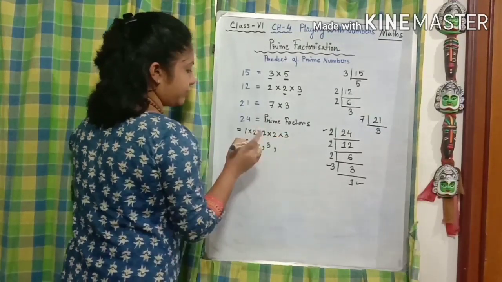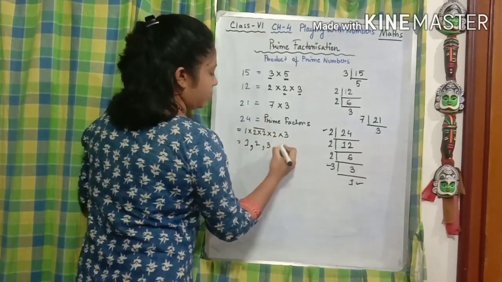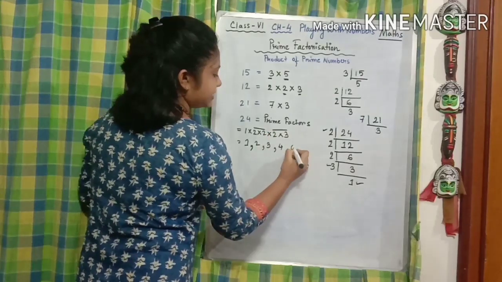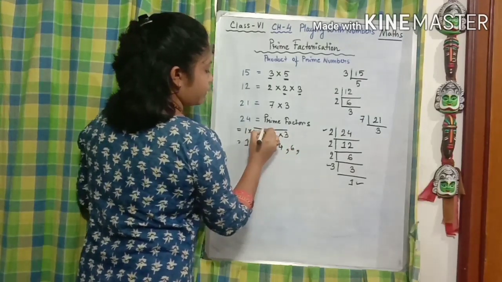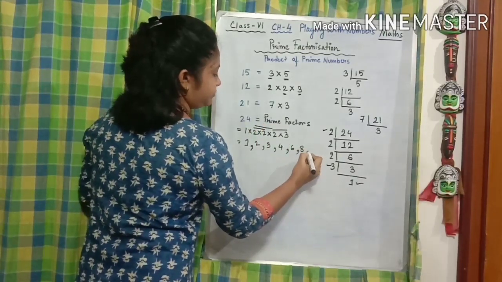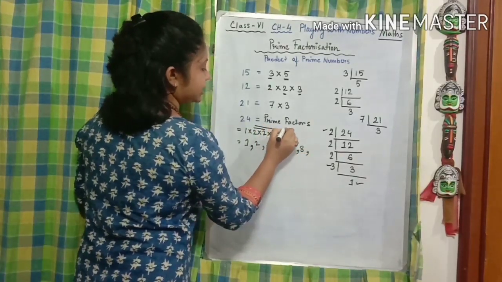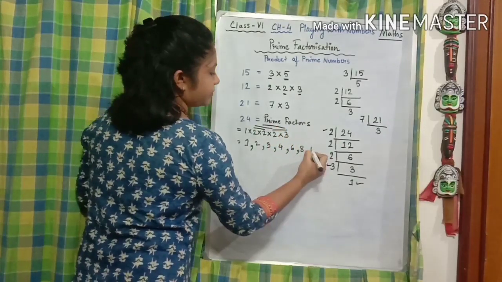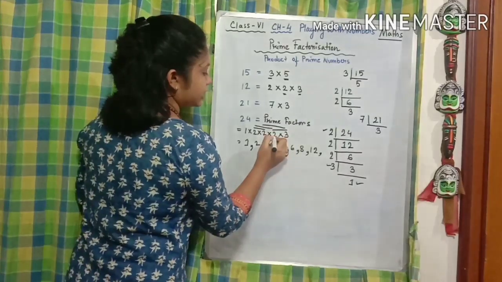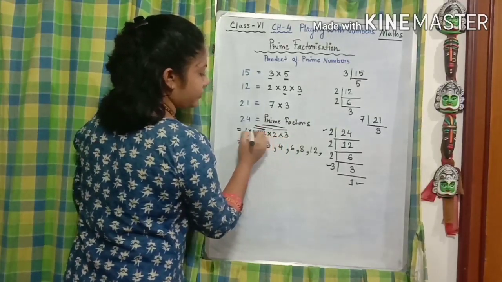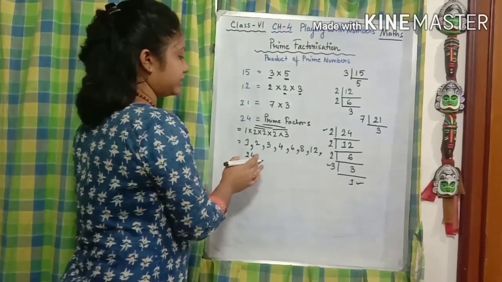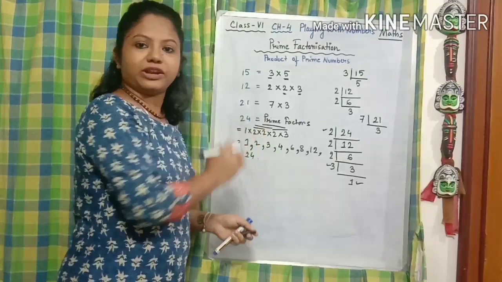After that, 2 2s are 4, 3 2s are 6. 2 2s are 4, 4 2s are 8. 3 2s are 6, 6 2s are 12. And the final one, 3 2s are 6, 6 2s are 12, 12 2s are 24. So these are the factors of 24.